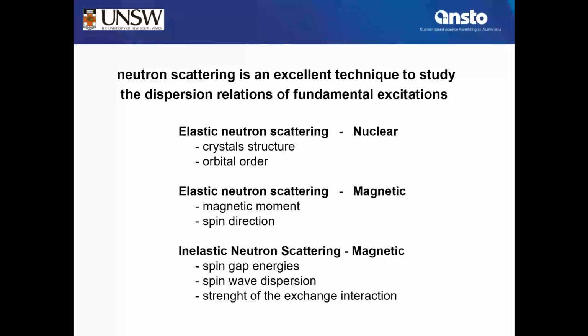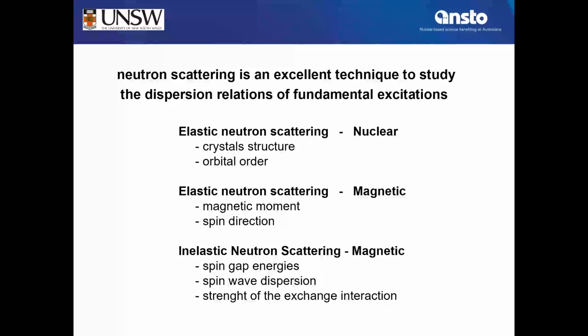I hope I have convinced you that neutron scattering is also ideal and perhaps unique to determine the precise magnetic structure, not only that there is a magnetic moment, but the type of magnetism, the magnetic moment on each individual ion, and the spin direction. Inelastic neutron scattering: phonons or magnons, spin wave excitations, spin gaps, and strength of the exchange interaction.